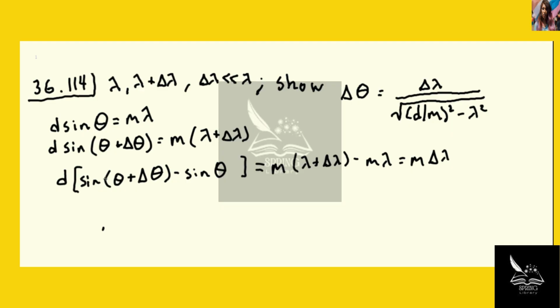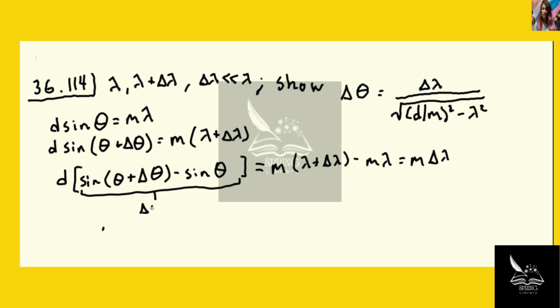So in the limit that delta theta goes to 0, this is going to go to cosine theta delta theta. And if delta lambda is much less than lambda, that's sort of like delta theta going to 0.